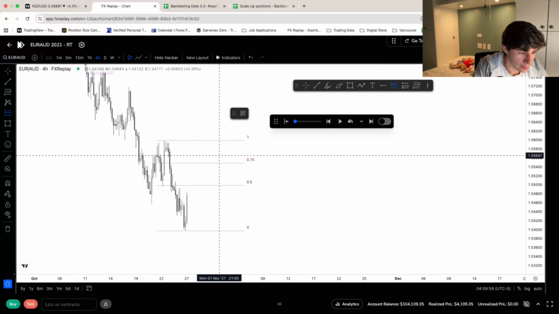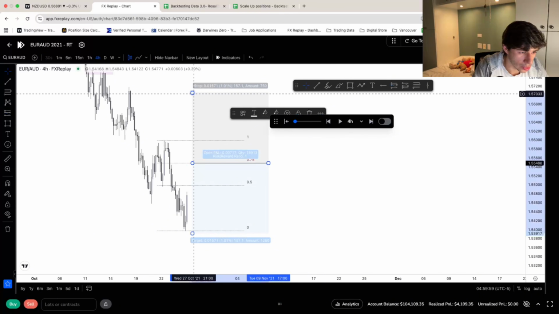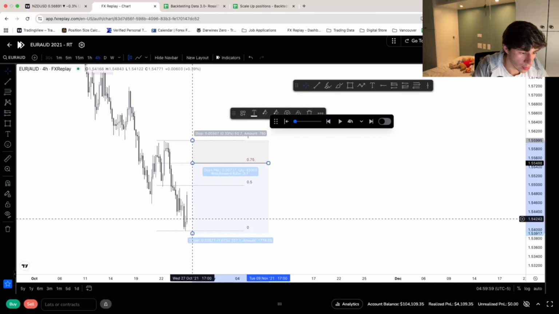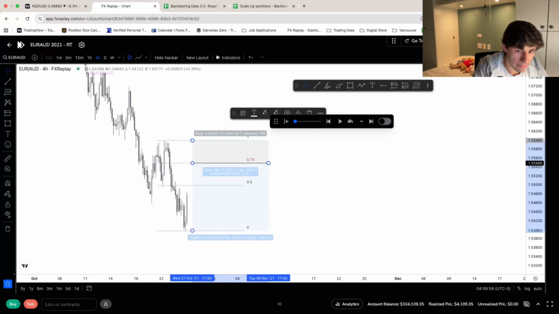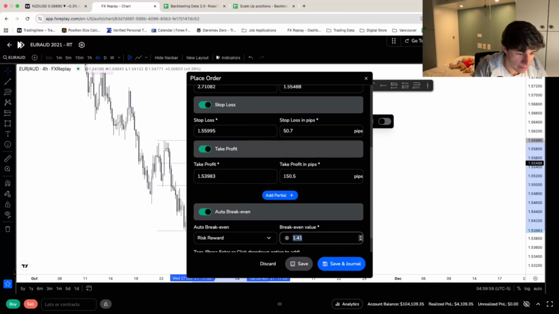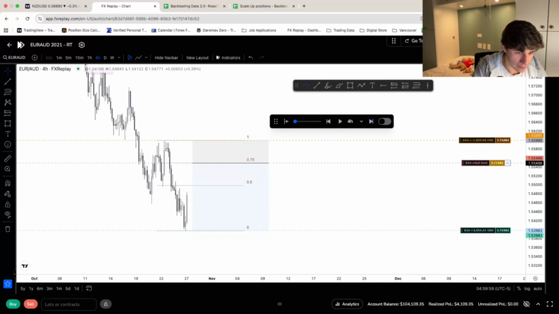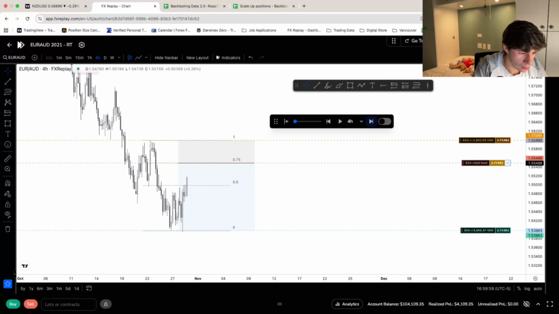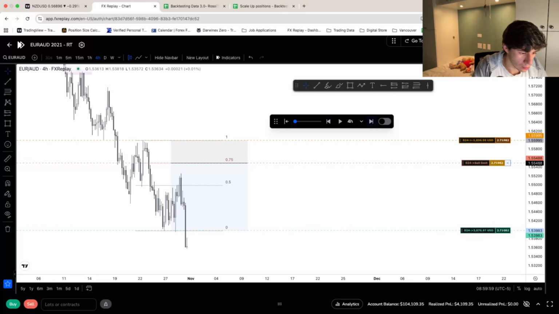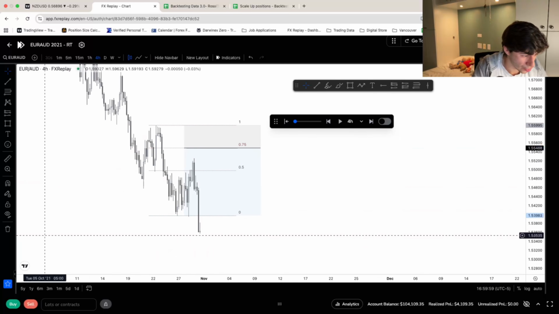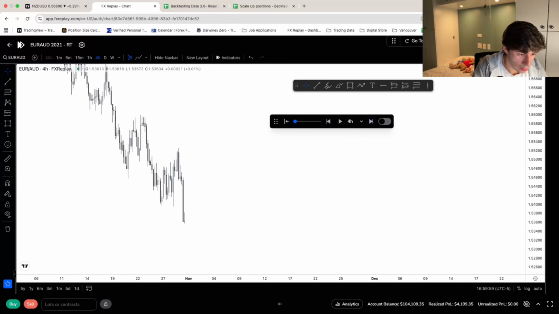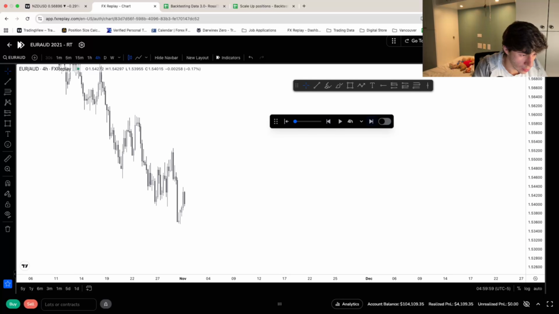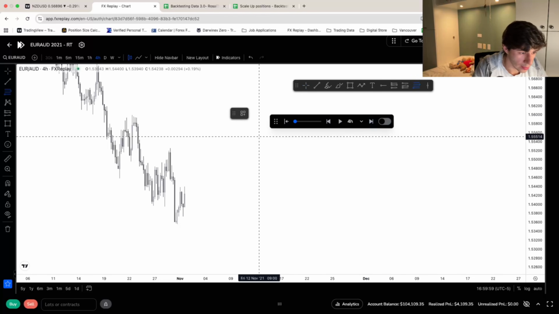Perfectly valid. Now we'll just see if it works out or not. Another missed trade. This is valid.